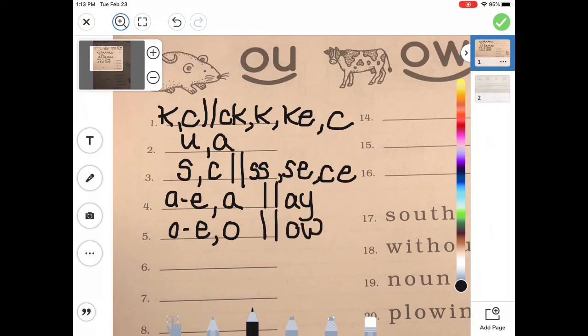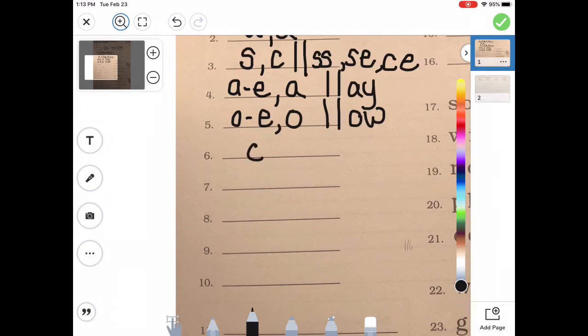Very good. All right, what about the ch sound? CH. Perfect. What about the er sound? ER. How about oi? Oi. You've got OI if it's in the beginning or the middle, or ending OY. Good job. How about U?